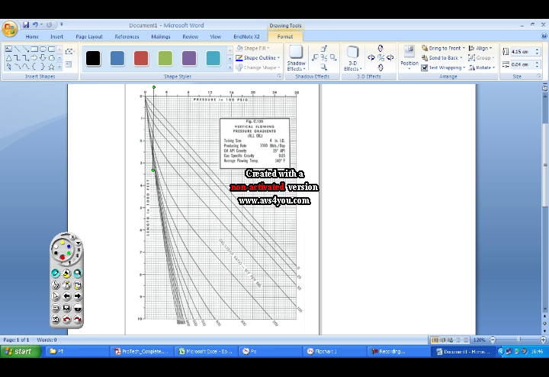I draw a line across 160 psi and I find the intersection of this line with the pressure curve for 400 GOR, and the depth of this intersection point will be my equivalent depth in this case.